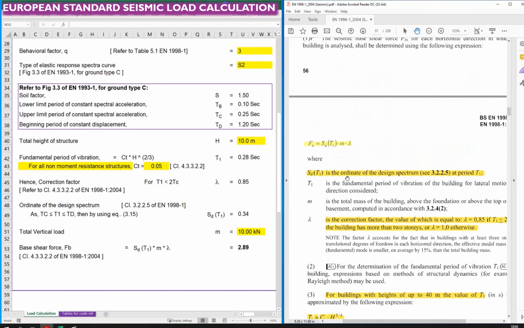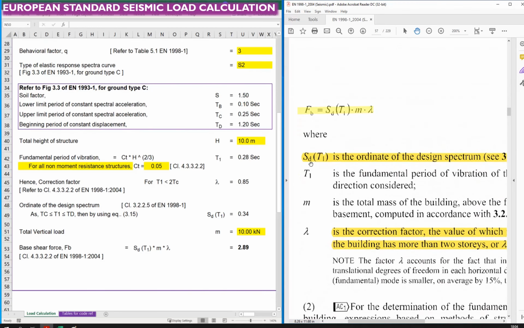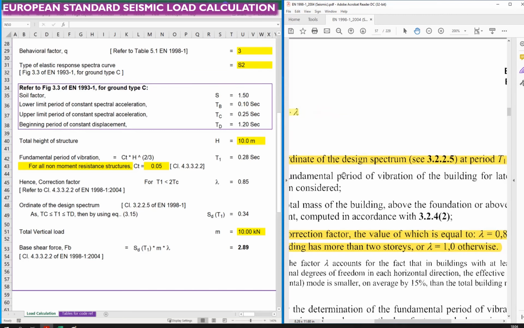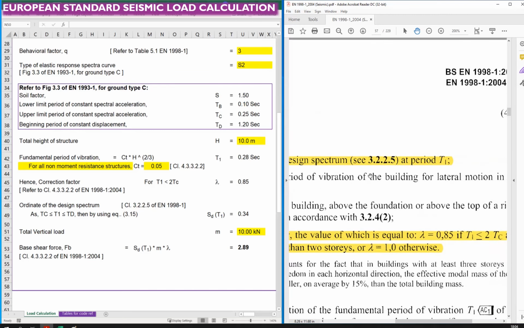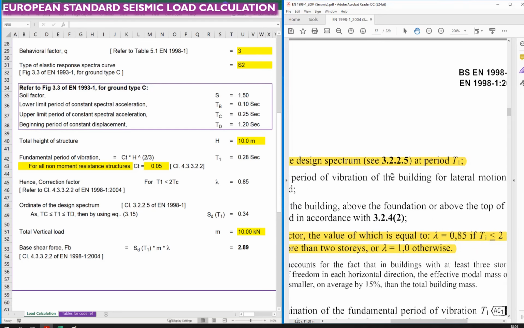Yes, page number 57. Here it is. St of T1 is the ordinate of the design spectrum. For that again we need to refer to clause 3.2.2.5, so page number 42 is to be referred.